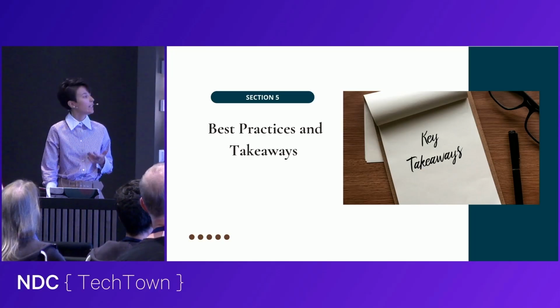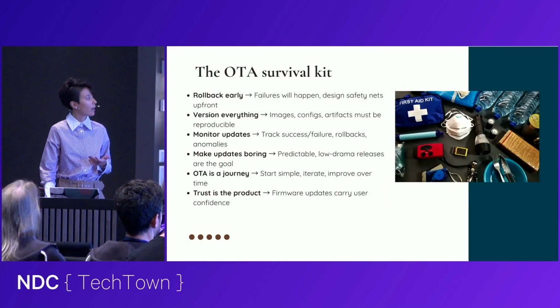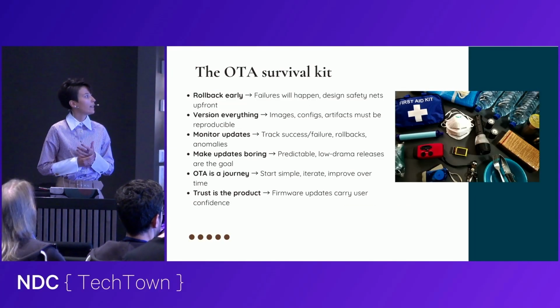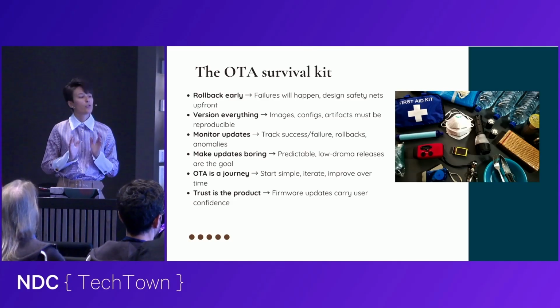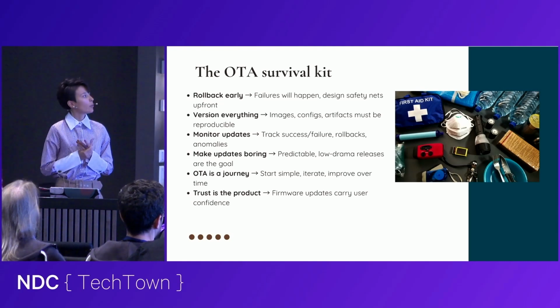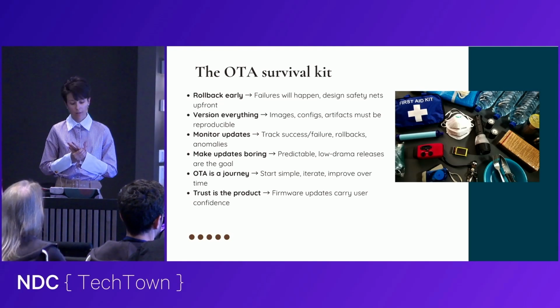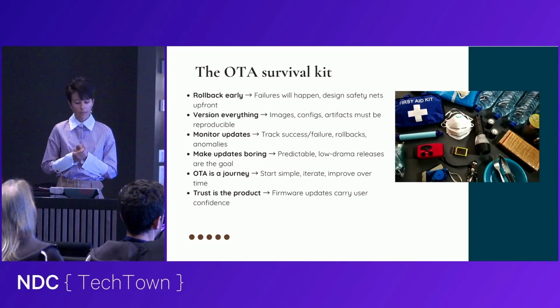So when it comes to key takeaways and best practices, I want to say that most importantly, roll back early. You should not be confident in yourself, in your devices, that failures will not happen, because they will. Sooner or later, you will experience what it means for the update to fail. So you need to plan for rollback early in your deployment cycle.